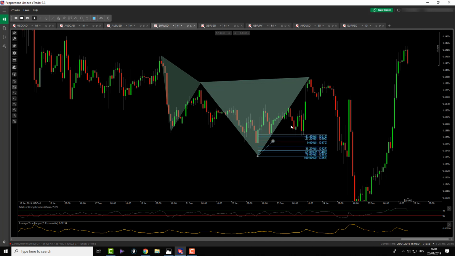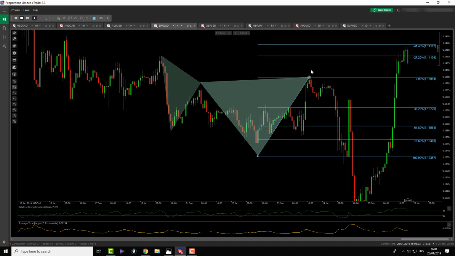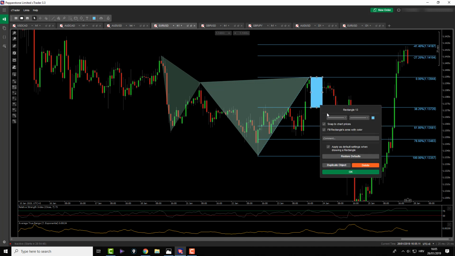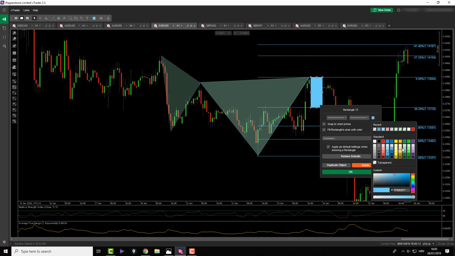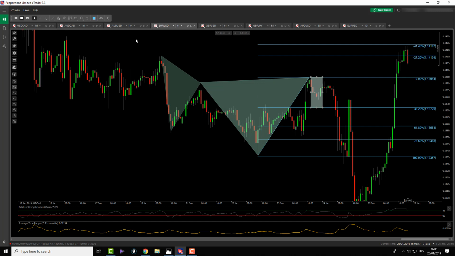So let's draw this right there. Okay, so our trade would look like this. Entry point, target 1. Let's use this color. And then we have target 2 is 61.8.